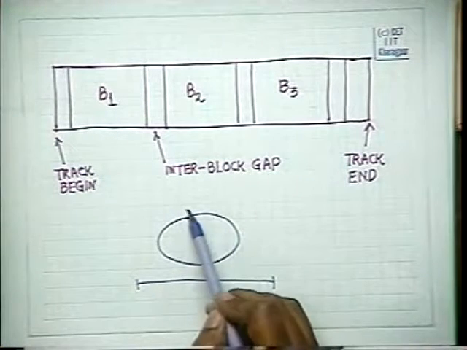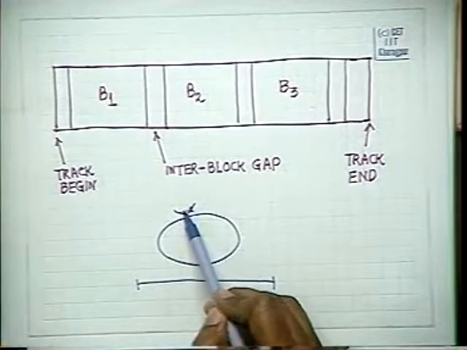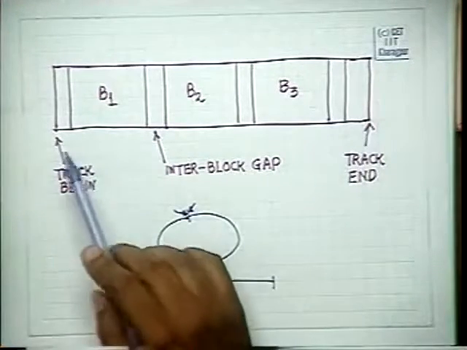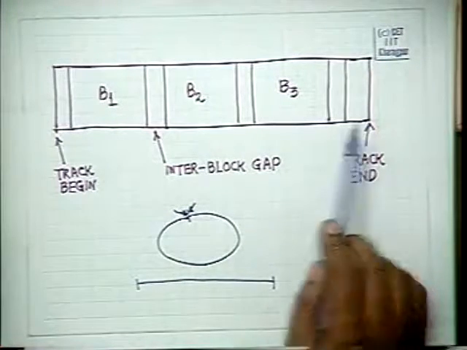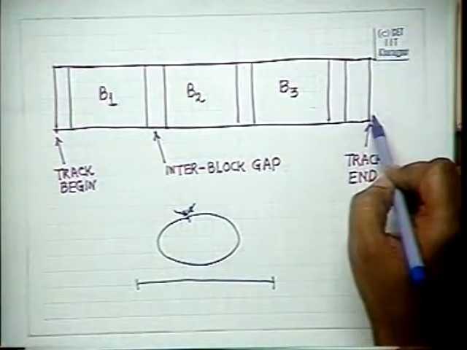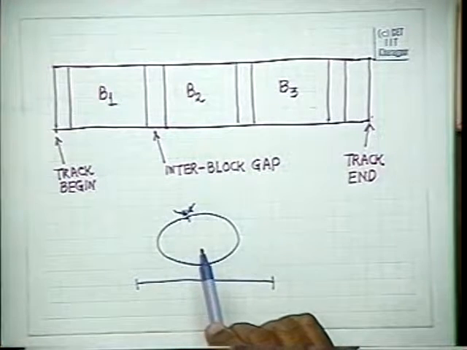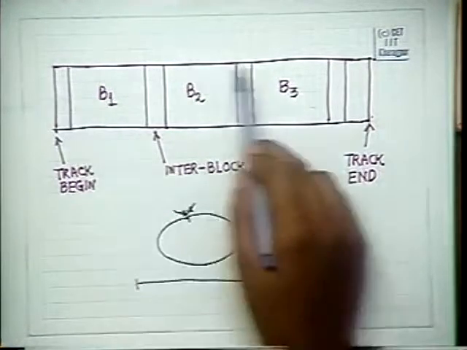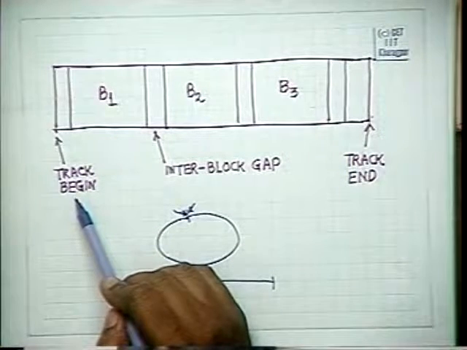So at some point there will be a track beginning and there will be a track end. If you join these two, there is little difference between this point and this point. This marks the track beginning and this marks the track end, and there may be a little bit of overlap, after which you can join these two. And this is one track. Suppose this is one track, and this track is identified by the track number on the disk.